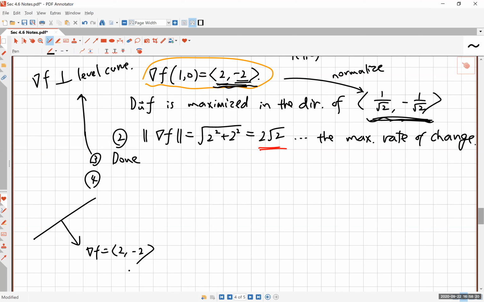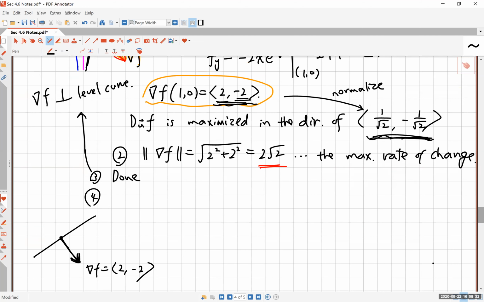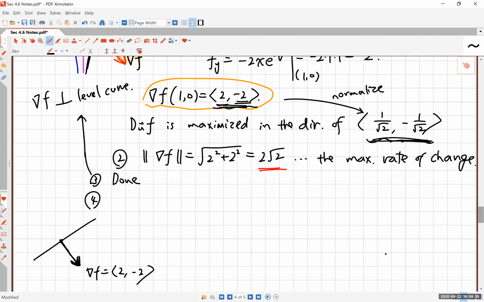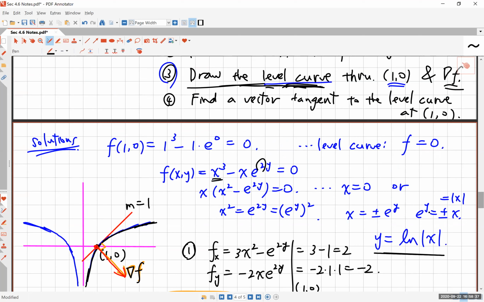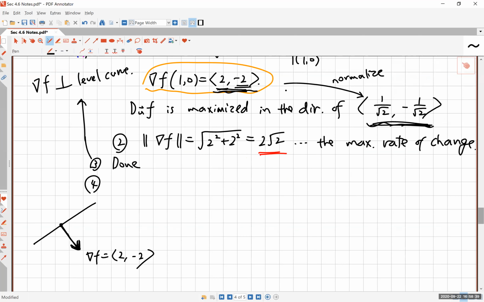So you're going bottom to the right. This is the direction in which you'll get the positive rate of change. In particular, the rate of change in that direction will be 2 square root of 2. But if you're interested in a vector that's tangent to the level curve, this is the vector that I want. So what is this vector?